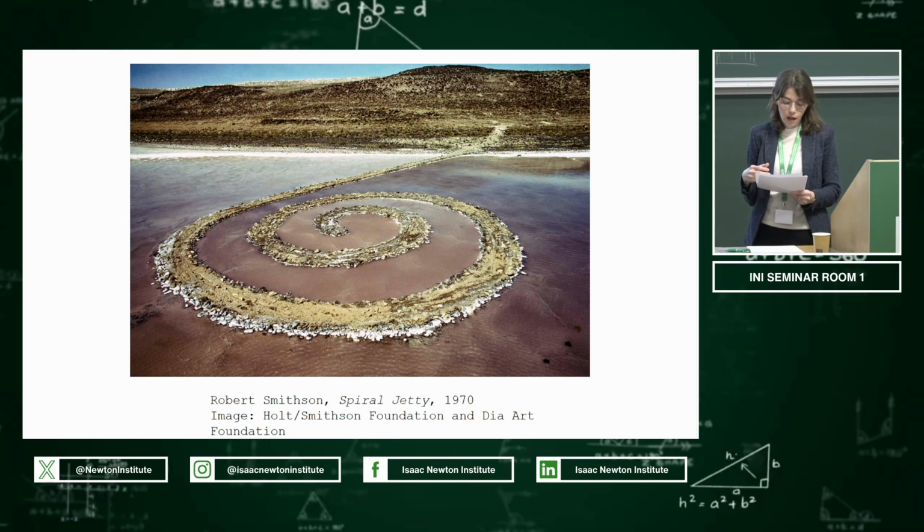So for Smithson, the fractal patterning of the spiral jetty is limited to its structure, not to its perception by viewers. And so while the crystal pattern that he talks about repeats at different scales within the artwork, viewers are free to view qualitatively different objects as related through scale, in his previous quote that I gave you.